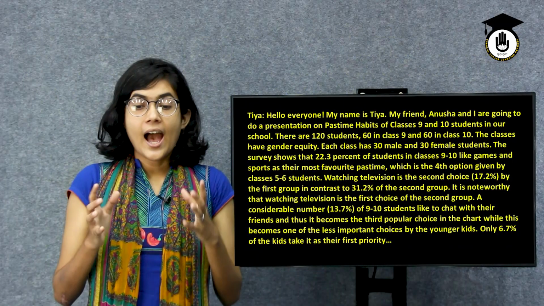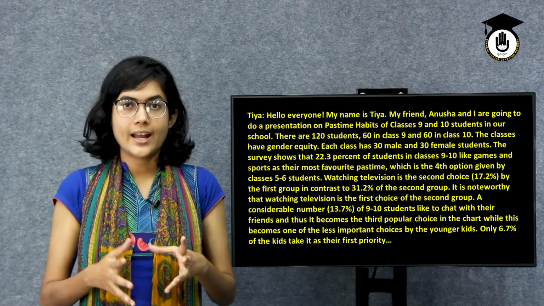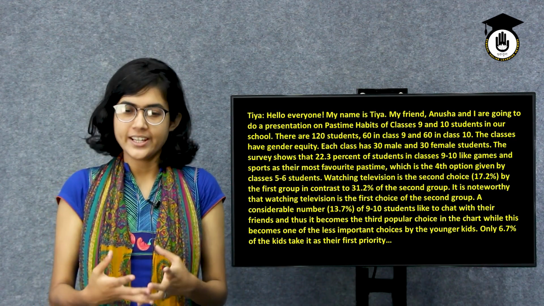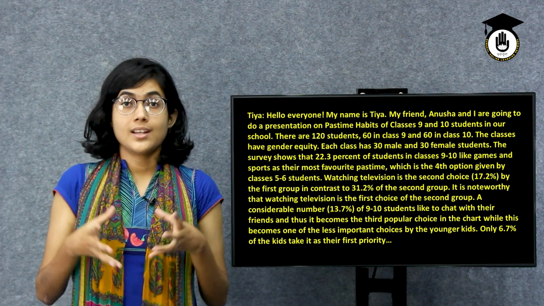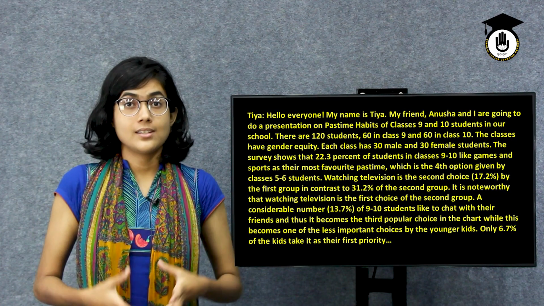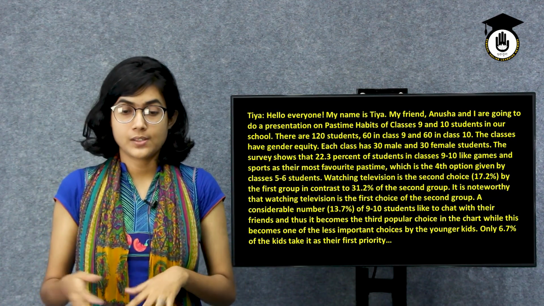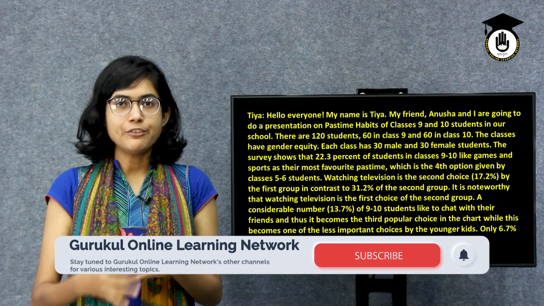So see how they are comparing the data they have collected and how they are presenting it, right? So they have done the survey with the students of class 9 and 10. Also they have data from the students of classes 5 to 6. And they're frequently comparing the information.